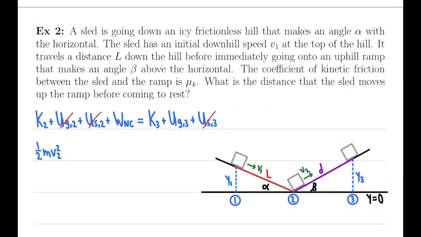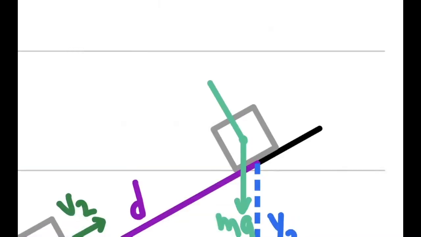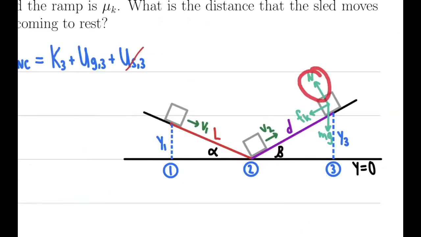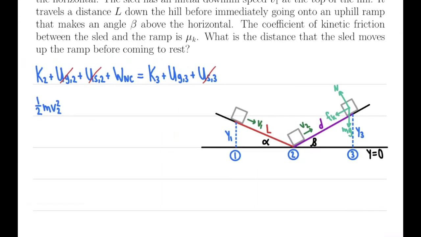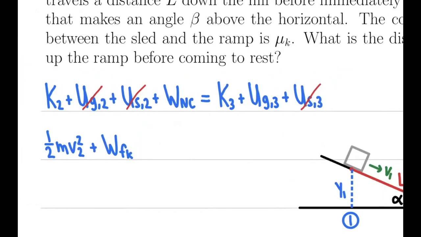Let's actually label the forces. We got mg, we got the normal force, and we have friction. Normal force is not doing any work because it's perpendicular to the displacement. And gravitational force is a conservative force, so the only non-conservative force is friction, specifically kinetic friction. So this is the work done by kinetic friction.